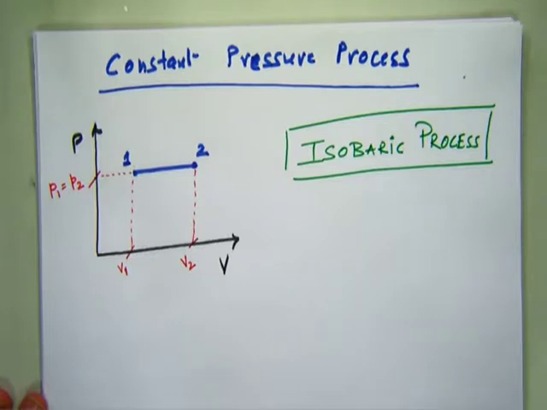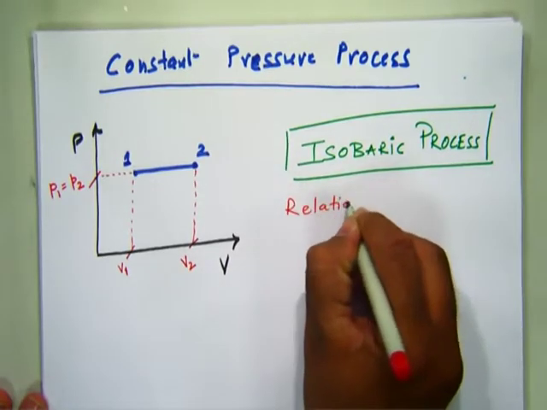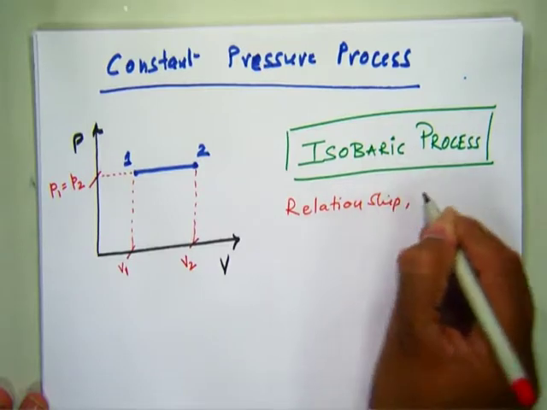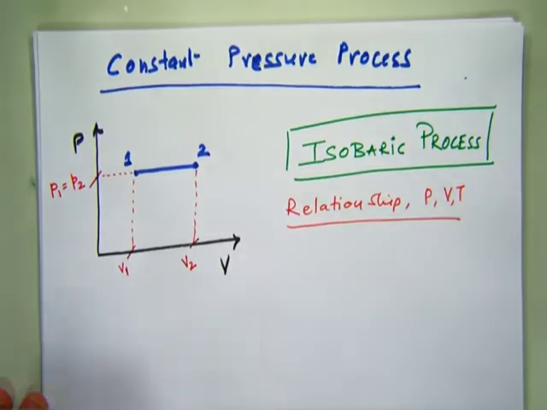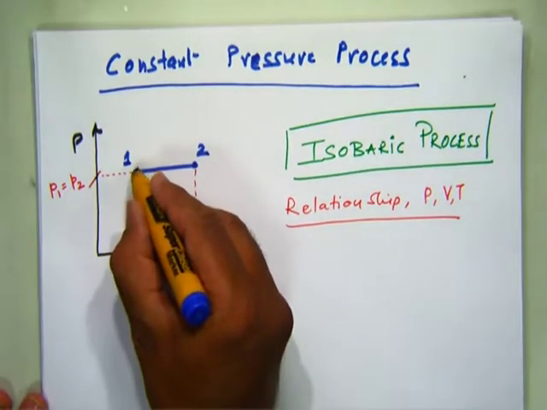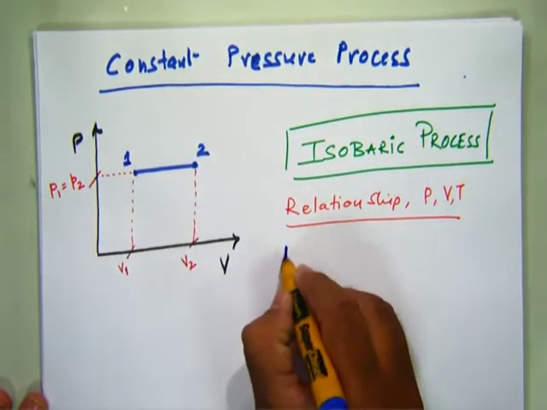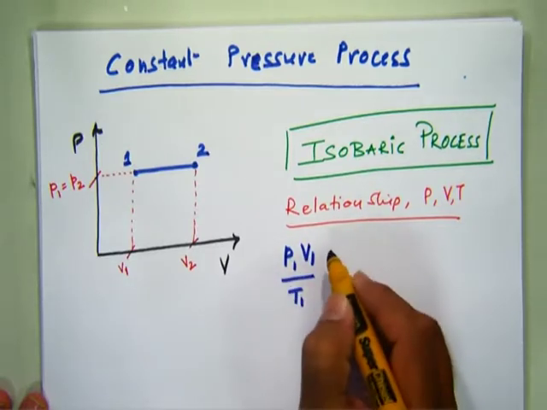Now we are interested to establish the PVT relationship between P, V and T. At the beginning of the process, that is point 1, it is P1 V1 upon T1.